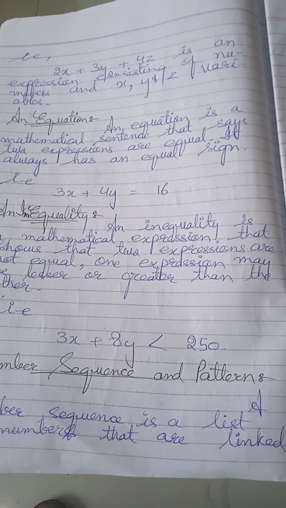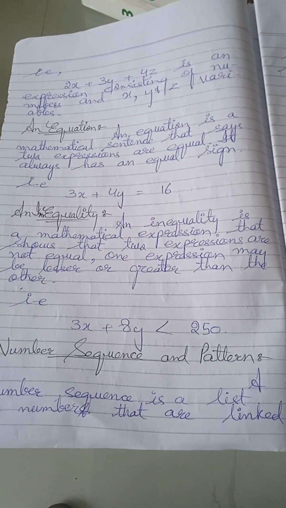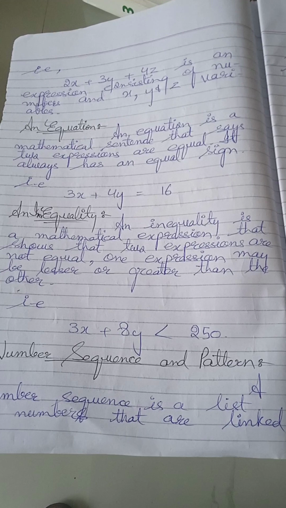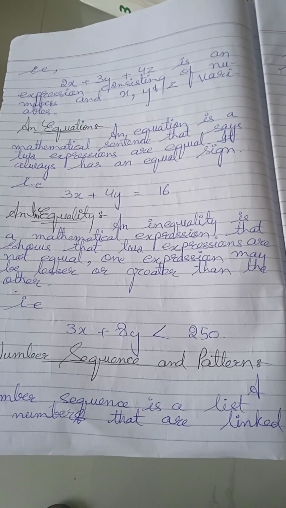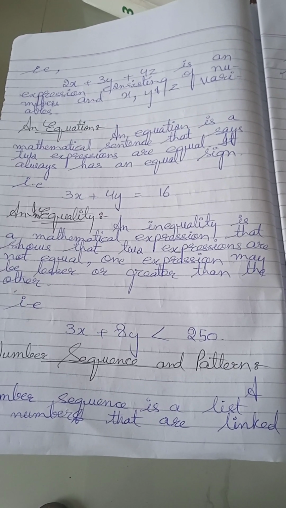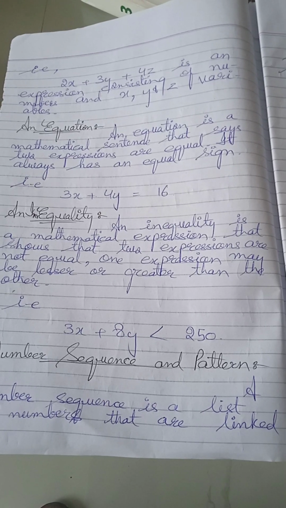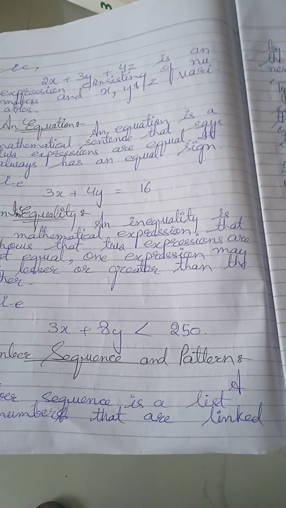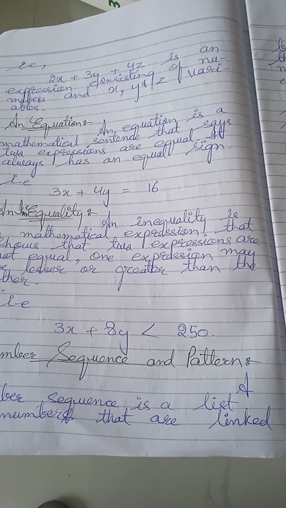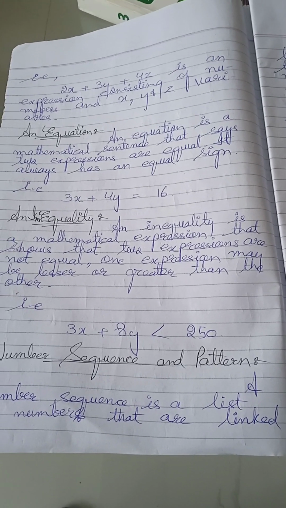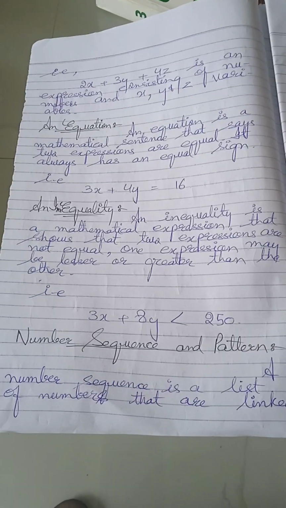They may be constants, they may be variables, or anything else. Now move on to the next, that is what is an inequality. An inequality is a sign that is not equal to something, that is either greater or less than something, that is called inequality.